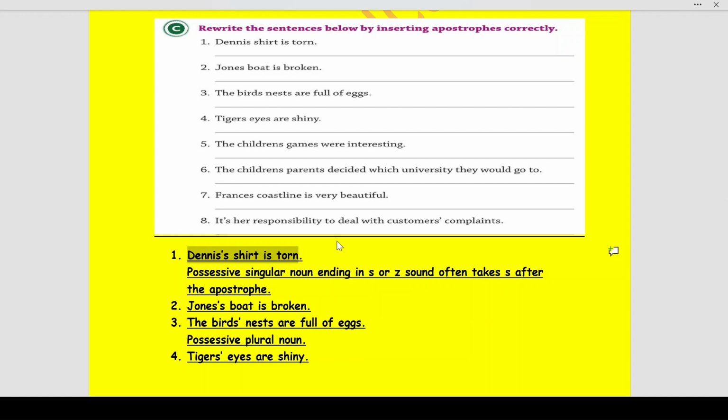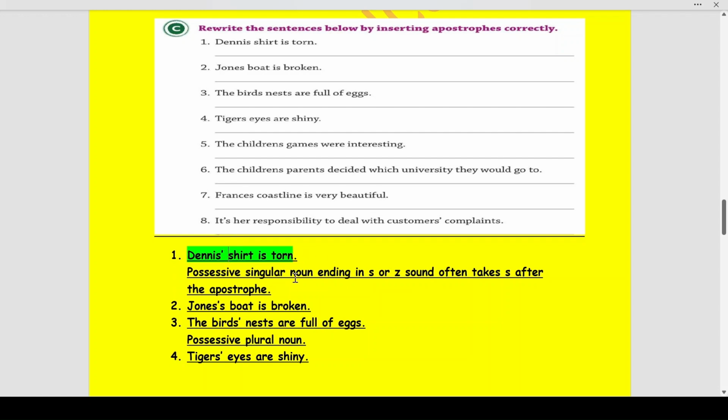Now you can see I have done this on purpose to show you how you can make a mistake. Dennis' shirt is torn. Now, Dennis's shirt is torn will be shown. You will not leave out this S over here. Dennis is a singular noun ending in S, but you have to show it as followed by apostrophe S. Dennis's shirt is torn.